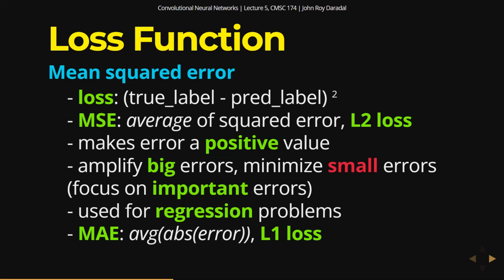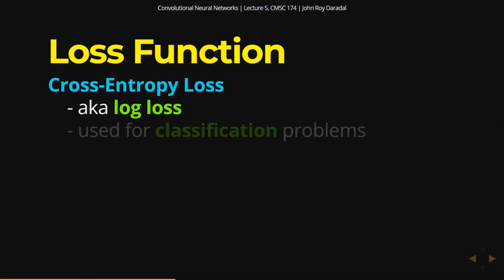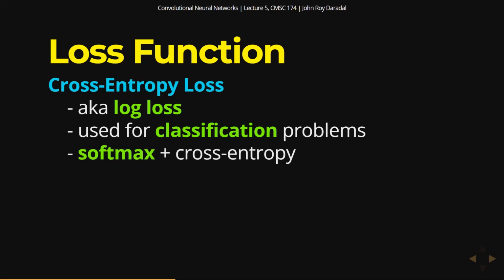Now, since we are focused on the classification problem, we need another loss function, and this is the cross entropy loss, also known as log loss. Okay, so what does this do? This is used for classification problems, which is what we're interested in. And we usually pair this with the Softmax activation. So remember from earlier, the Softmax converts numbers to probabilities, right?